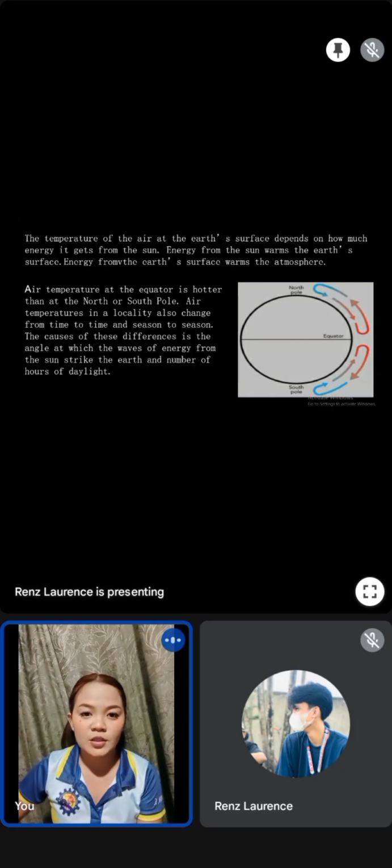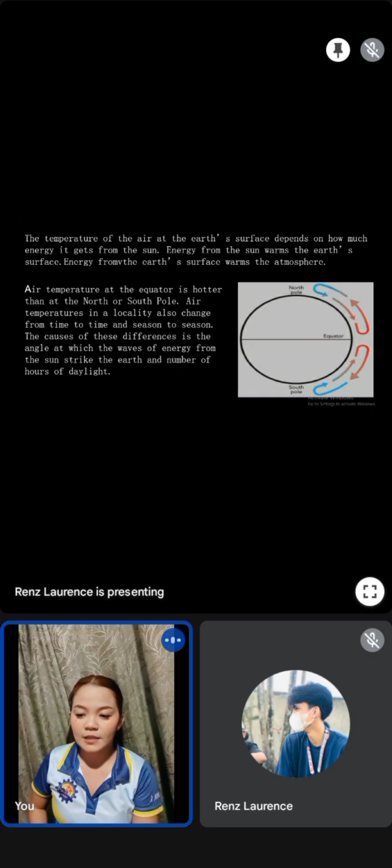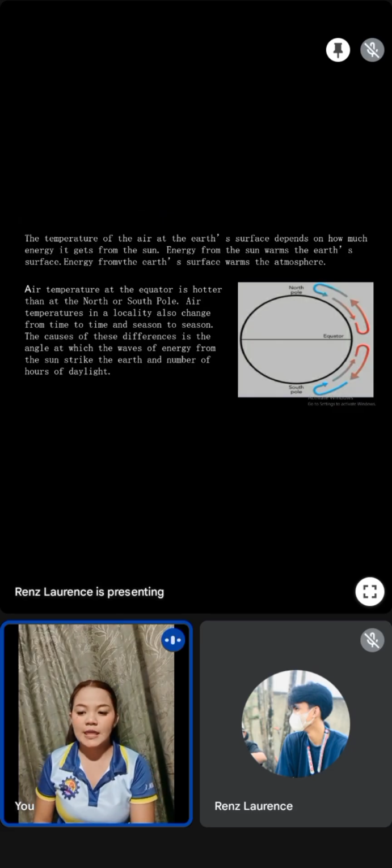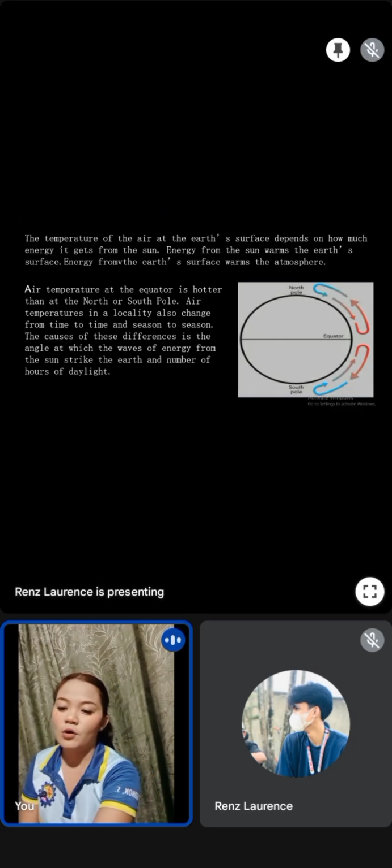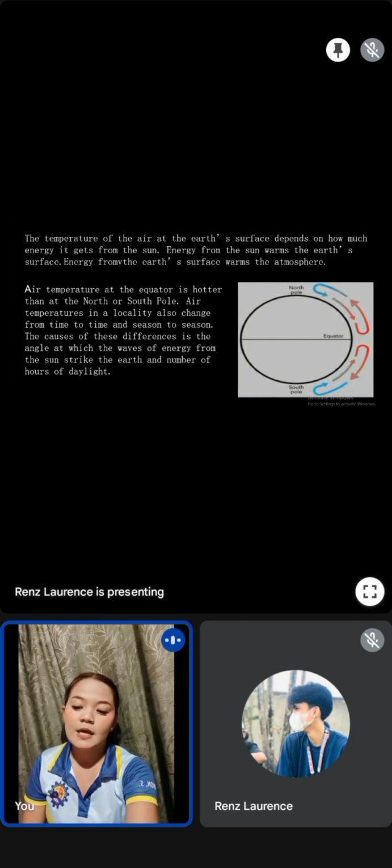Energy from the sun warms the Earth's surface, and energy from the Earth's surface warms the atmosphere. So, air temperature does not stay the same all the time. It changes from place to place and from time to time.